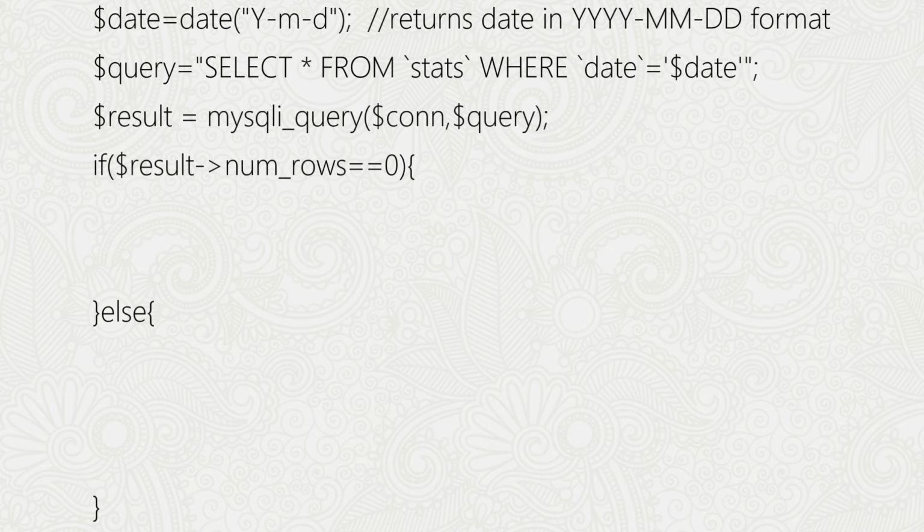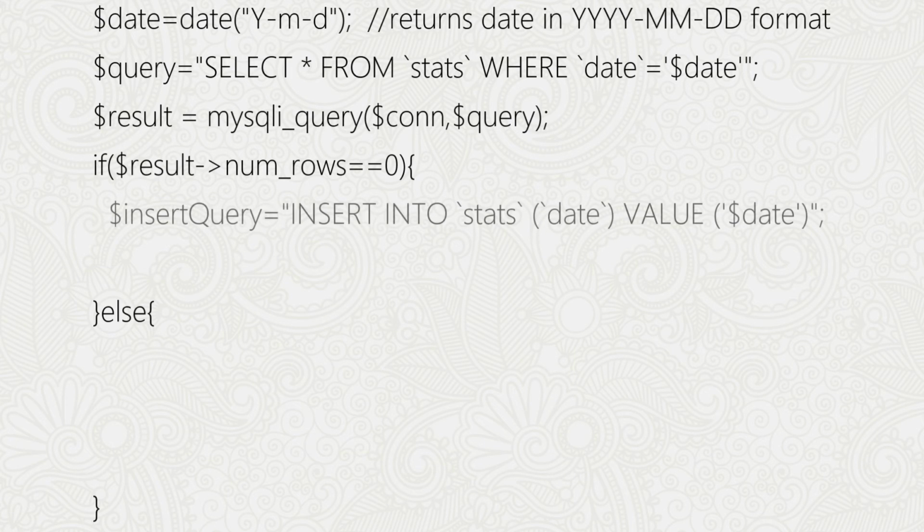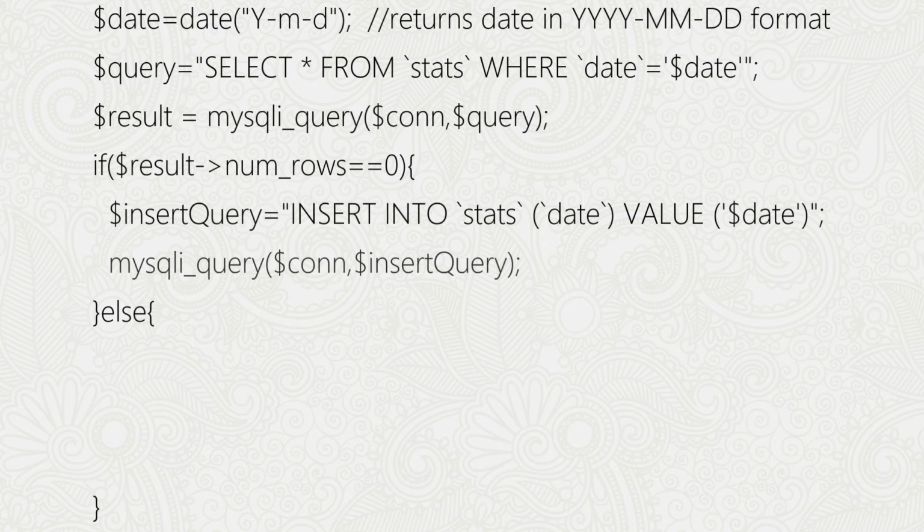So now let's begin by writing our insert query and the if block. The query is something like insert into stats, and we'll put the column name here, and then we'll give the value, our date variable, and that's it. We're going to store this query in an insert query variable, and then we'll execute the query, and then we're done.